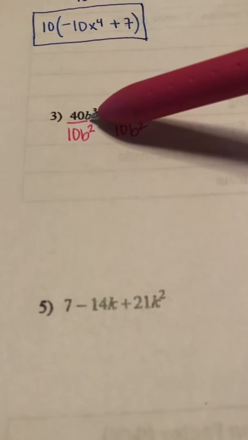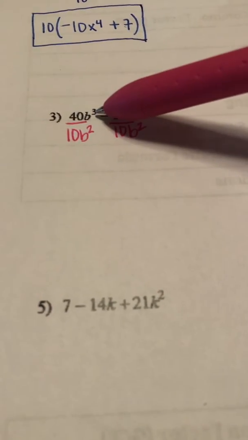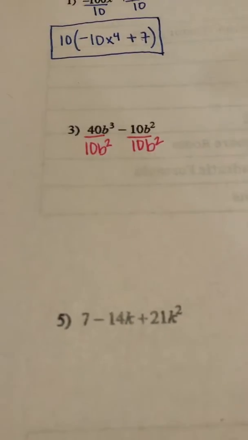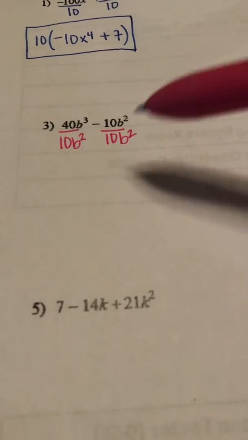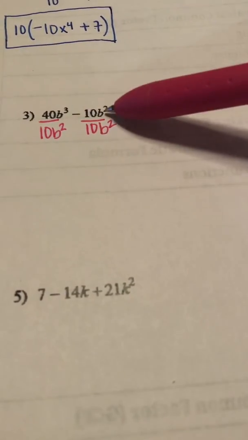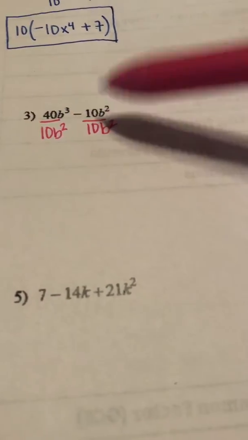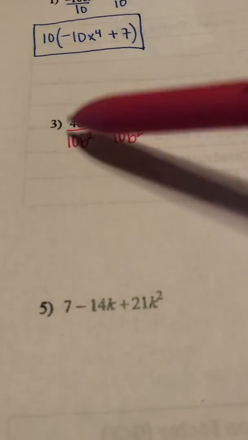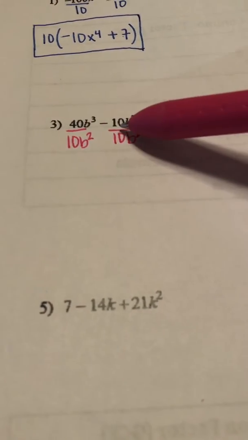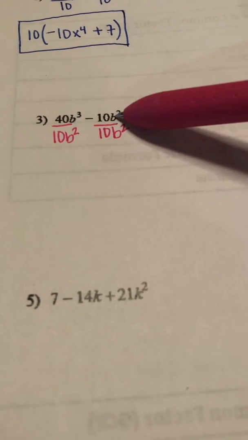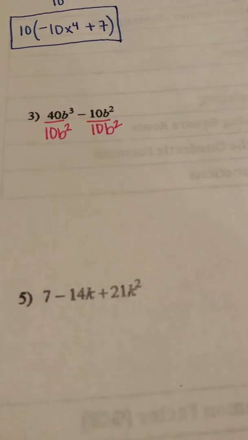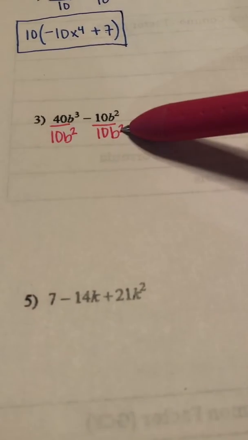But this one does have 2, but it also has that extra one. So when you're taking out variables, you have to take out the number that's the lowest that they have in common. So it's kind of the opposite of our coefficients here, where we want the biggest number they can be divided by. This one is the lowest that we can divide, which is 2 in this case.